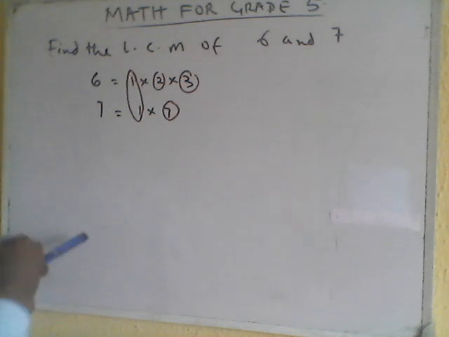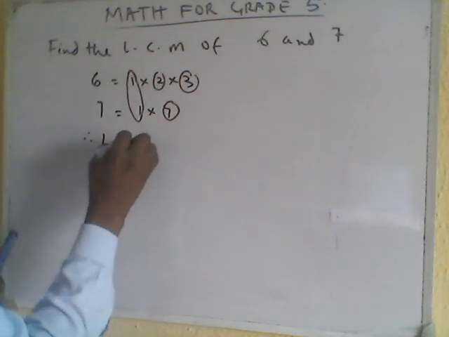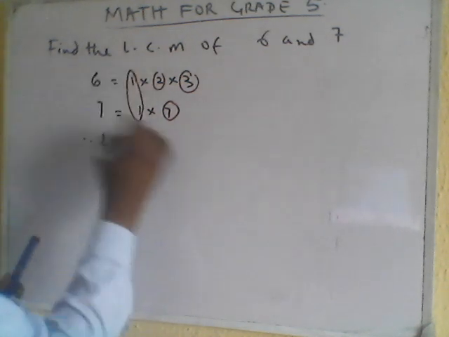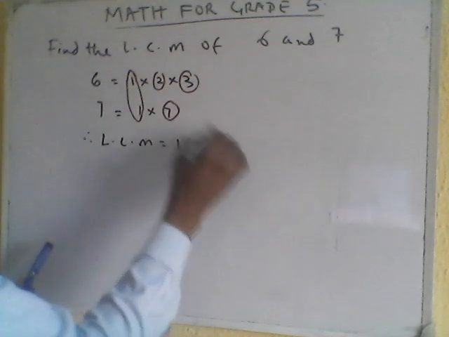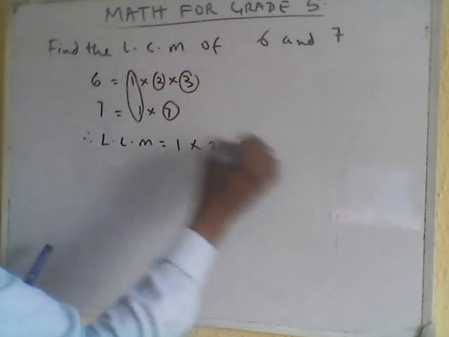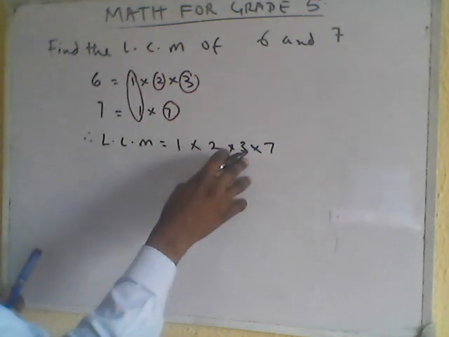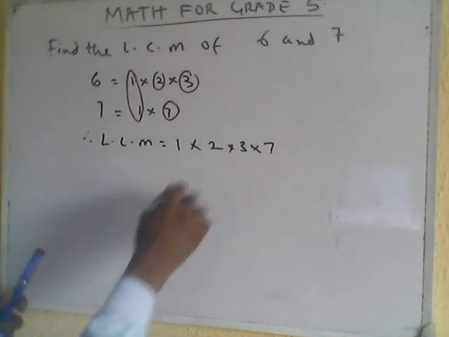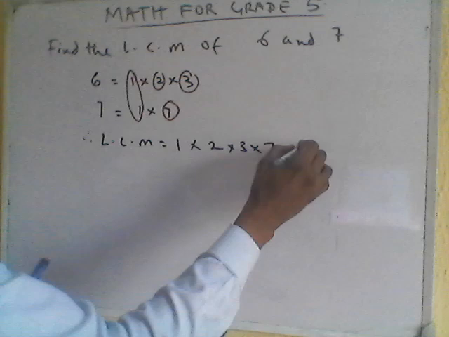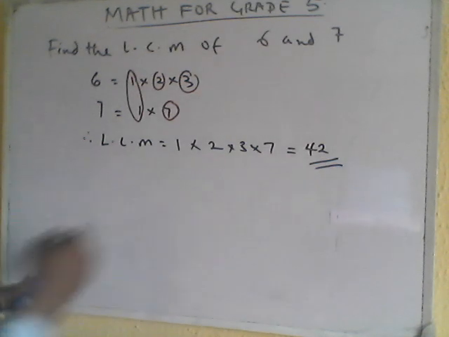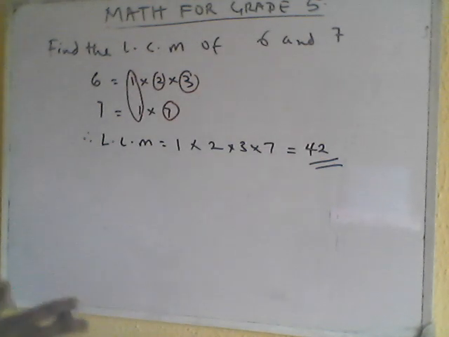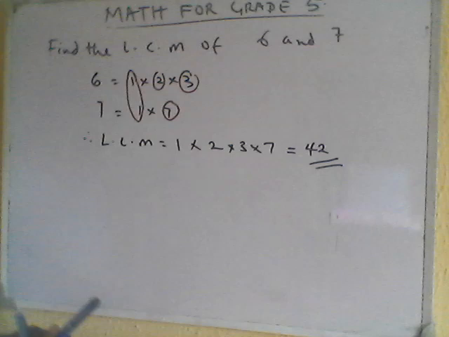So I'll come here, I will say, therefore, LCM is equals to, this is 1 times 2 times 3 times 7. So 1 times 2 is 2, 2 times 3 is 6, 6 times 7 is 42. So the answer for this is 42. So for LCM, we're going to be picking both the common factor and the independent ones.